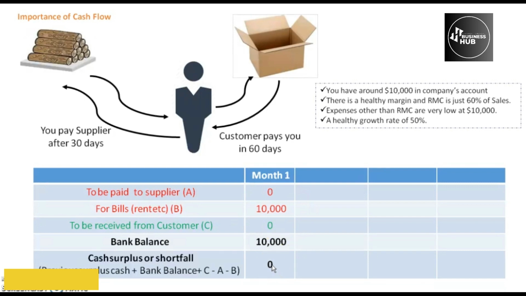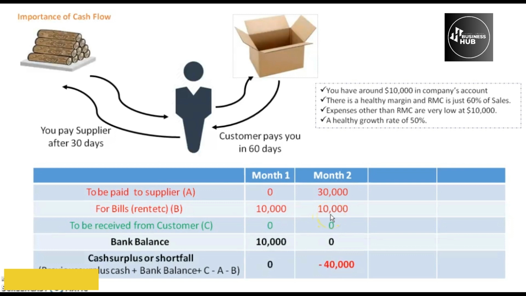You are slightly concerned, but you are happy that you are selling a product that has healthy margins as well as healthy growth. So you hope that by the end of the second month, things will be okay. Let's see what happens at the end of month 2. You're supposed to pay $30,000 to your supplier, which they supplied to you in the first month.